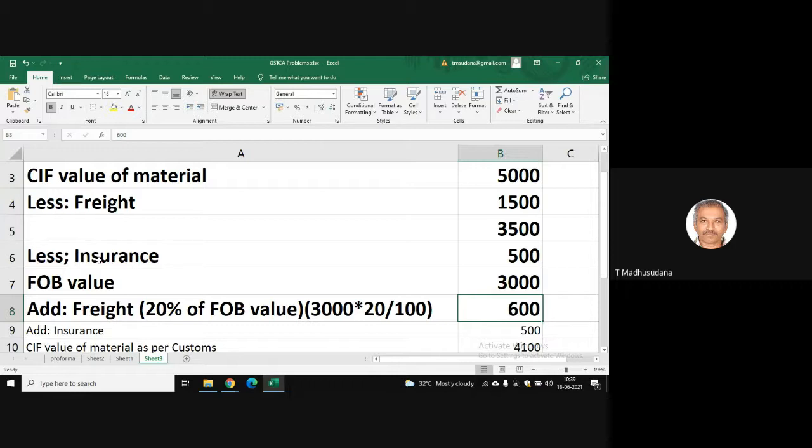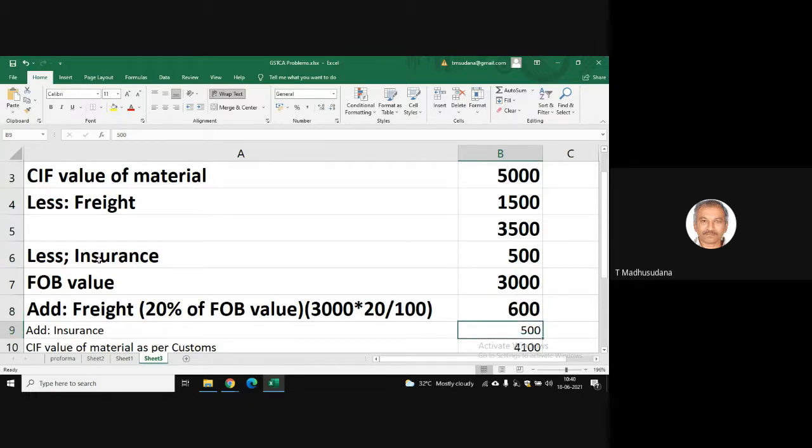It is an advantage to the importer because if they add freight charges of 1500, the CAF value will be more, and automatically the customs duty payable by the importer would be more. Since there is a ceiling in the Customs Act, that is 20% of the FOB value is the only freight allowed, that's why only 600 we have added.